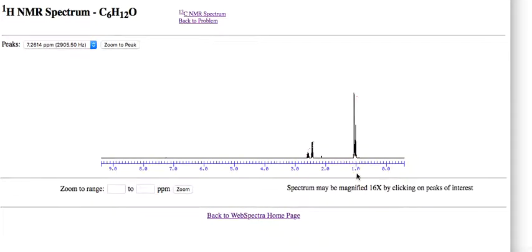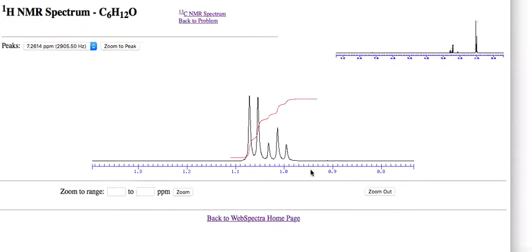Now over here, over by 1, we have more peaks. This area right here is a doublet, and it's pretty big. The area on here is about 2/3 of the total height for the whole blob.